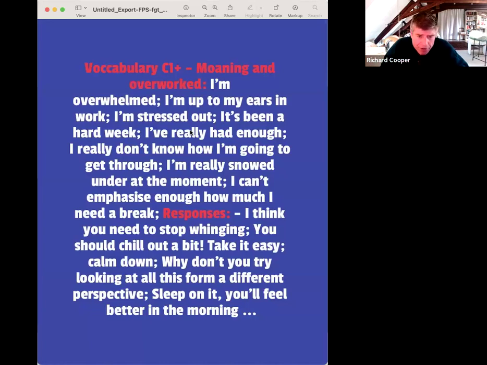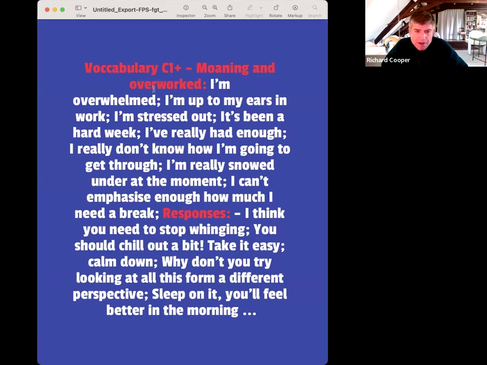Why can't they do it differently? Yeah. This is an example of moaning. Another word for this is whinging, but whinging is a bit higher in tone. Whinging is like petty, superficial, less serious.